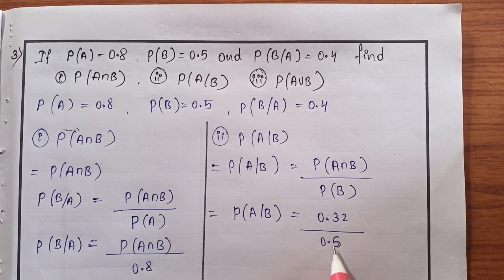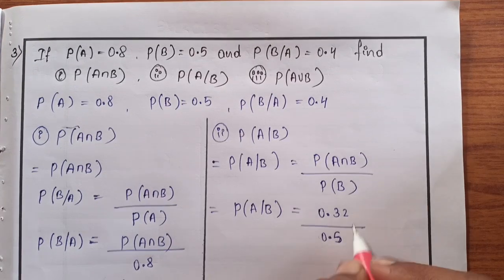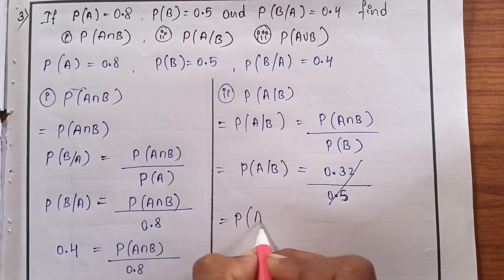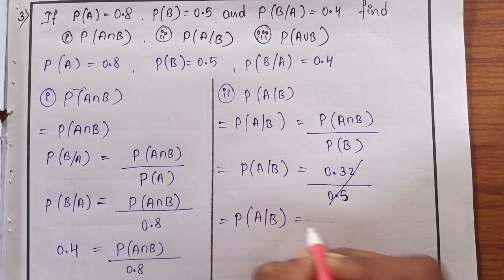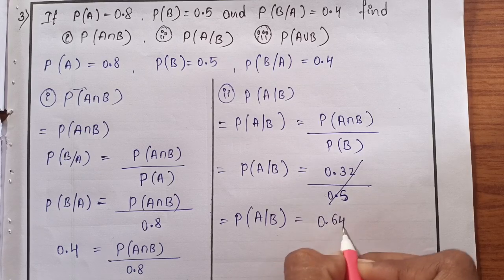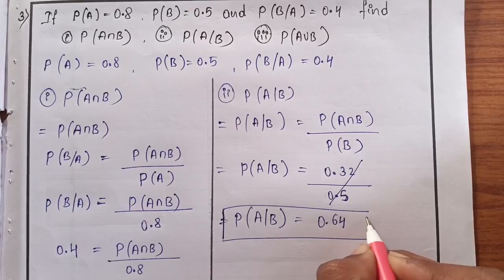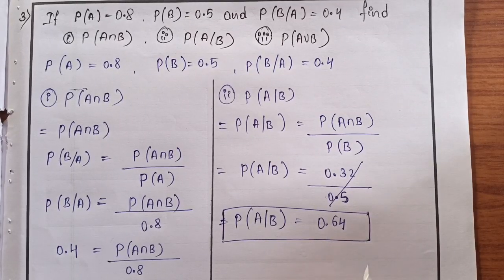So 0.32 divided by 0.5 becomes 0.64. So the second answer is, the probability of event A by B is 0.64.